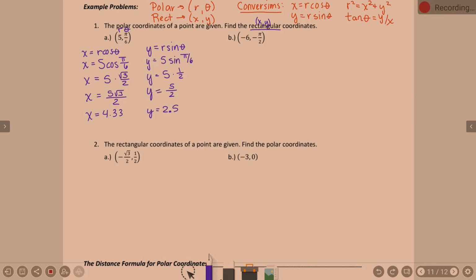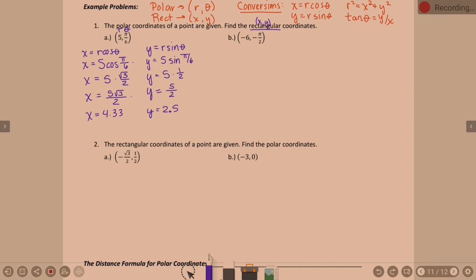On that last one I said what is it as a decimal. Did you type in 5 square root of 3 over 2? You got 4.33. What if you typed 5 cosine pi over 6? Would you also get 4.33? If you're in radian mode, yes. So that's a good check. Did you do things right?